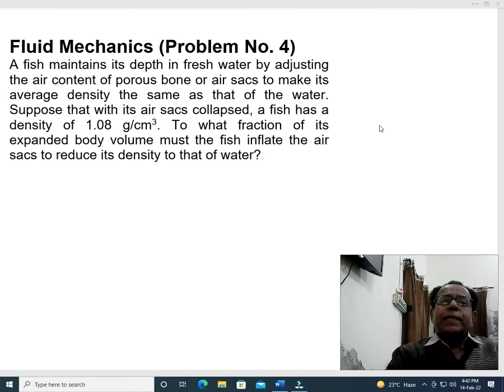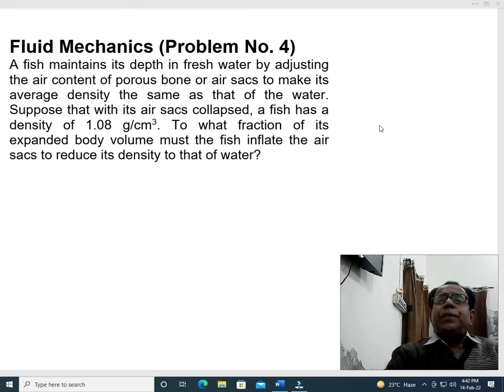Suppose that with its sacs collapsed, a fish has a density of 1.08 gram per centimeter cube. To what fraction of its expanded body volume must the fish inflate the air sacs to reduce its density to that of water?